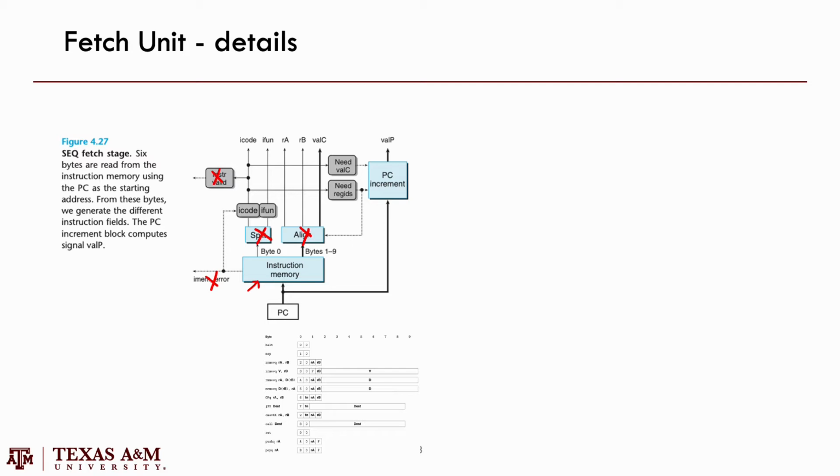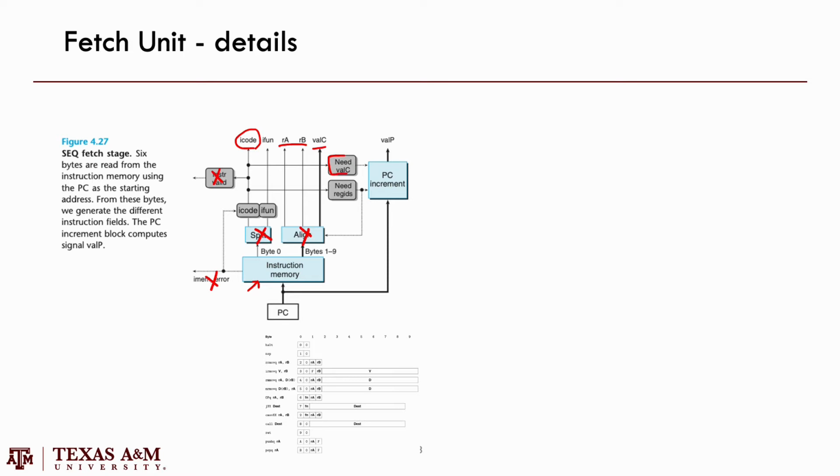And then the remaining is PC increment, which updates the PC value for the next fetch. To update the PC value, we need to know the exact size of the current instruction. So how do we know that? We can know that by reading the icode, and then we can see whether this instruction includes register IDs or whether it includes valC.